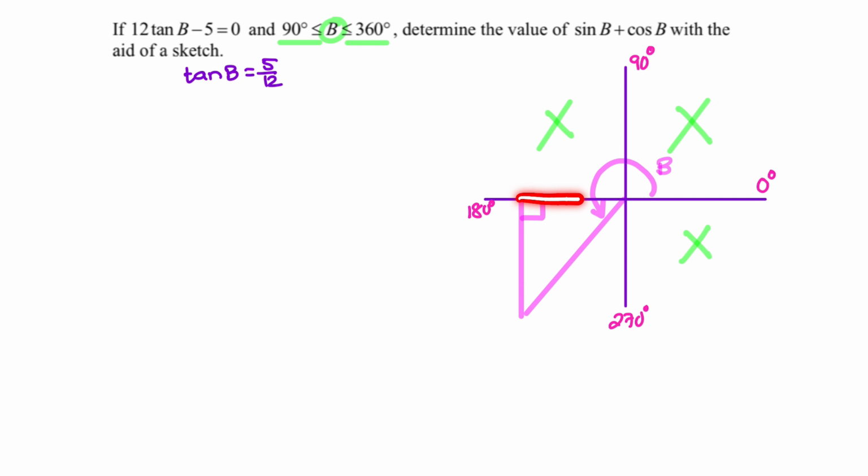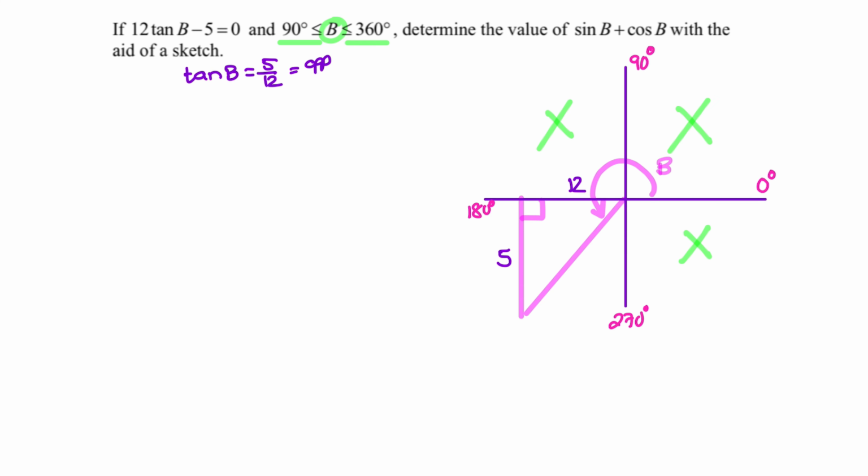What I recommend you do is, in your mind, isolate the triangle and see this angle of B as inside of the triangle. So if I have this as my angle B, the opposite side would be represented by y values, and the adjacent side would represent x values. So if the opposite side is 5, then I'll have this as 5, and the adjacent side is 12.